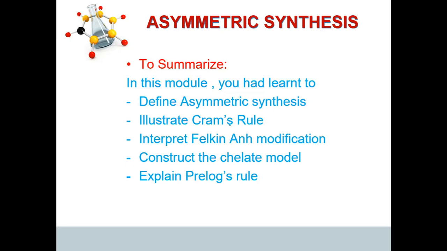And later you learned to interpret the Felkin-Anh modification, which also stated that the addition takes place through a Bürgi-Dunitz angle. And you also learned to construct the chelate model, which had two possibilities: when you have an electronegative group you can have a Felkin-Anh addition, and if the electronegative group and the metal can form a chelate complex, you end up with a Cram chelate modification.